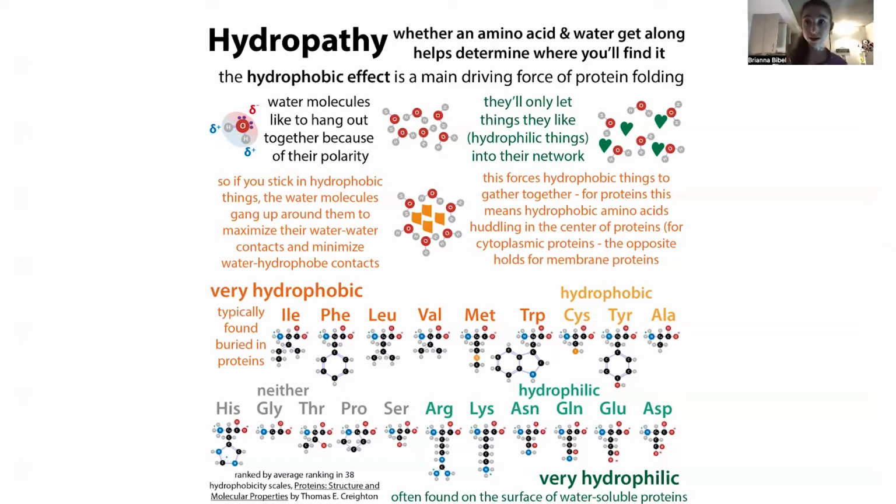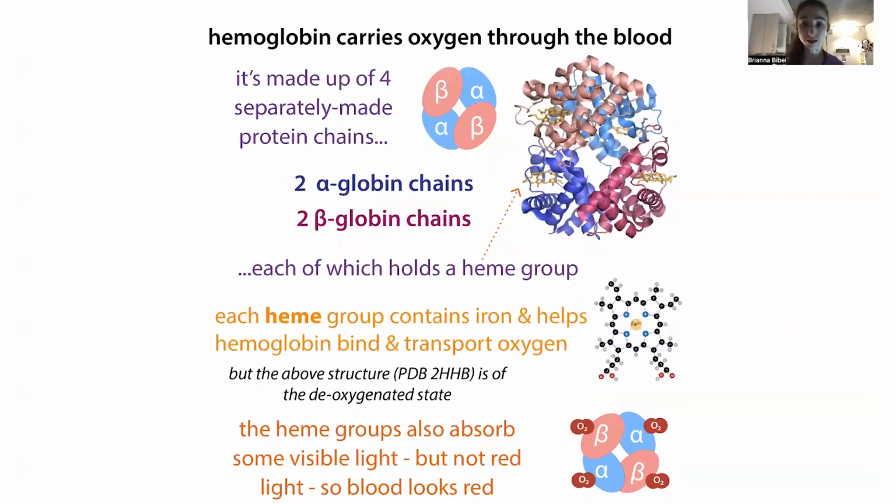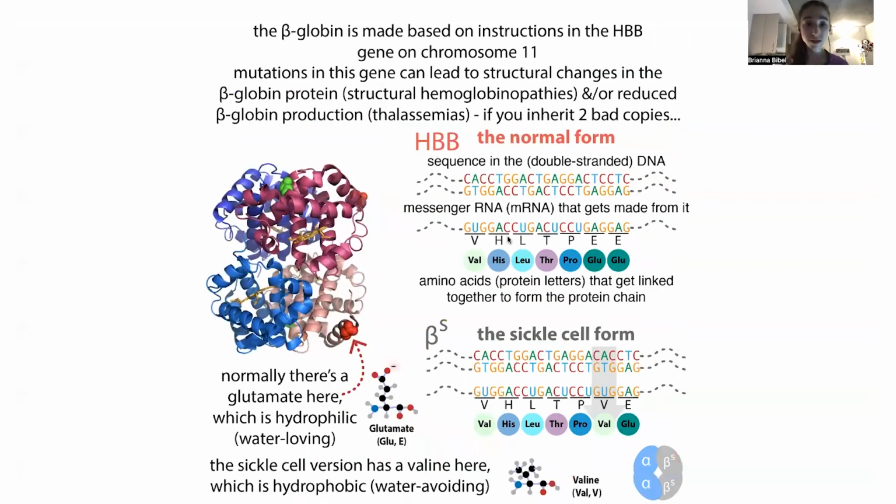If you end up putting one of these on the outside of a protein, you can have dramatic consequences, and this can be a cause of disease. A key example is the hemoglobin protein, which carries oxygen throughout our blood. In sickle cell anemia, there's a mutation on the surface of this protein from a glutamate, which is negatively charged, to a valine, which is nonpolar.